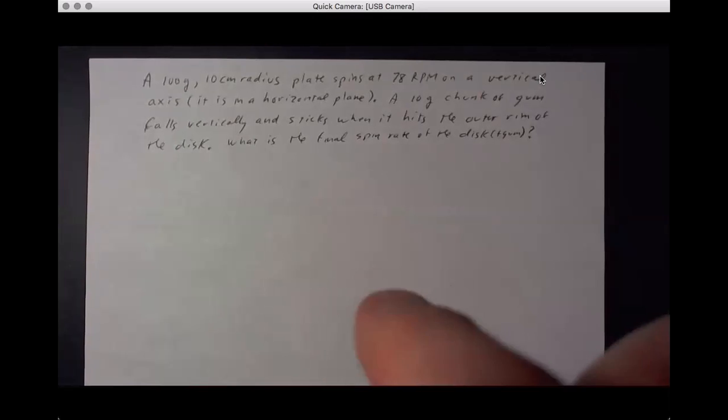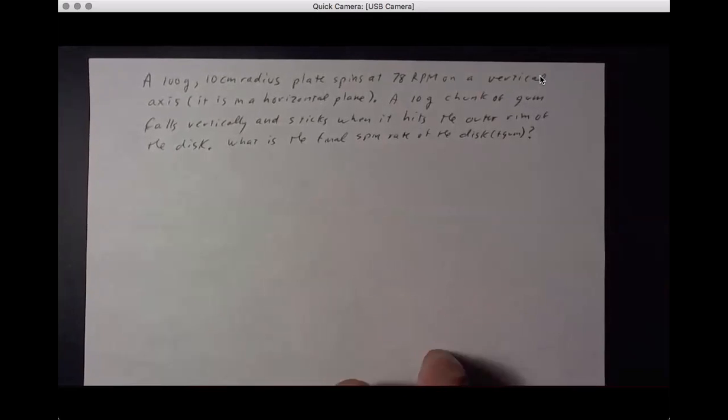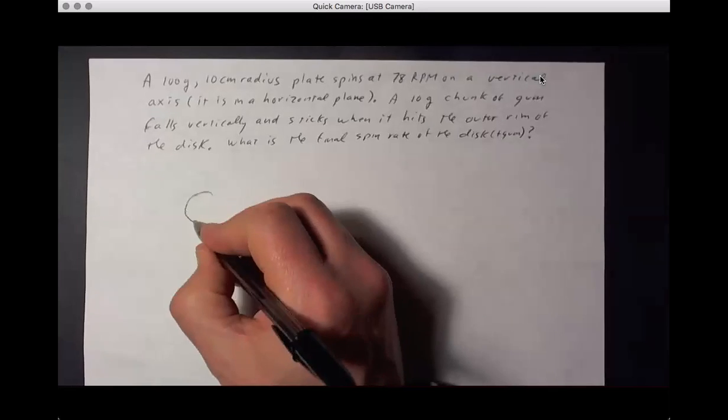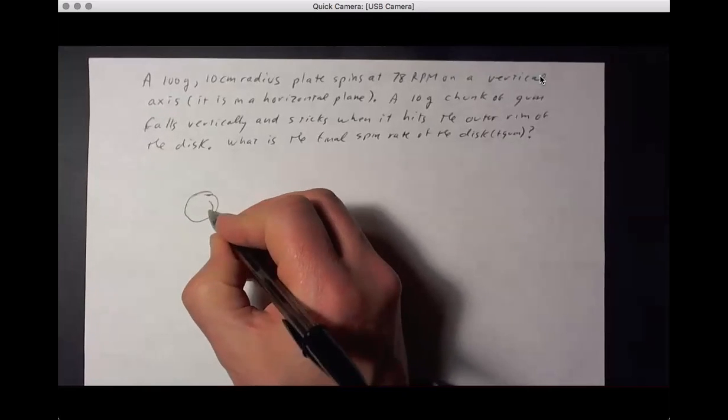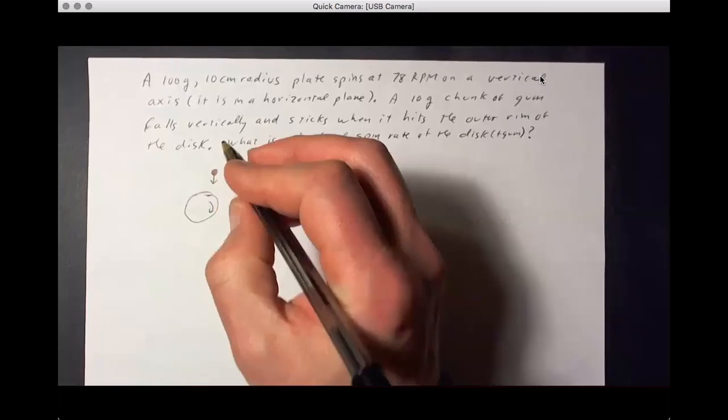I take and I drop some, what did I drop? Chunk of gum. I drop a chunk of gum down, it lands on it, it sticks. And now, what's the final rotation speed of the disc plus the gum, right? So initially I have a disc and it's rotating around, and I have a chunk of gum and it falls straight down on it.